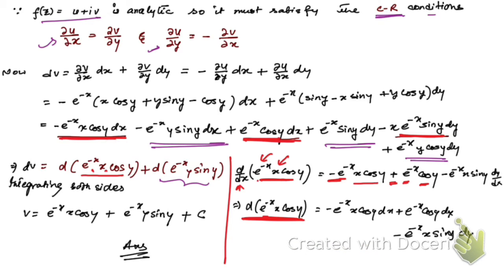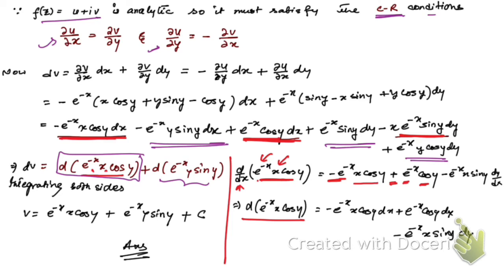Similarly, if you see the derivative of this one, its result is gonna be this one plus this one and this one, right? You can check yourself. Here I have shown how I have obtained this part.